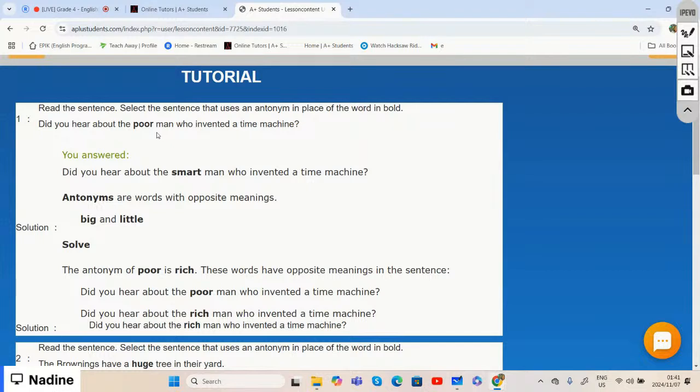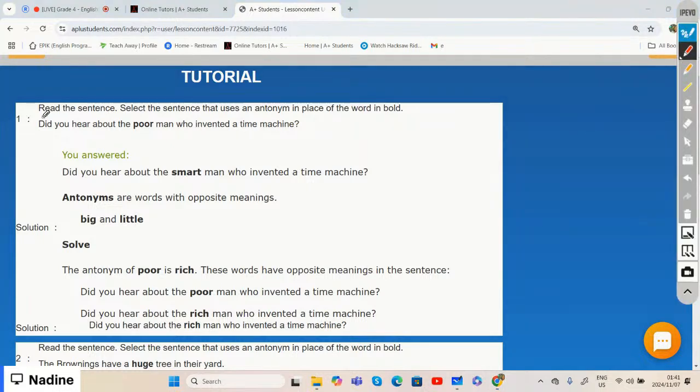Did you hear about the poor man who invented a time machine? So we can then say, did you hear about the rich man who invented a time machine? It's the opposite.